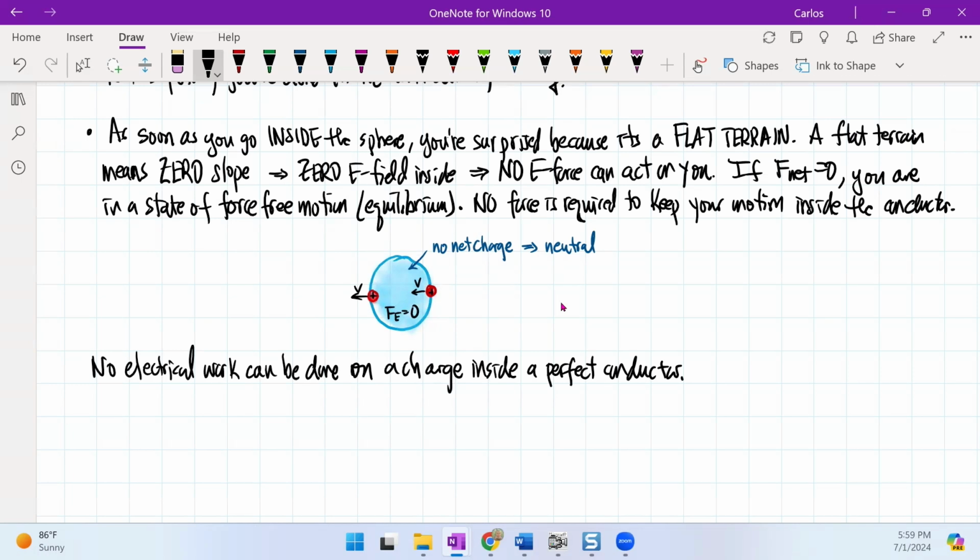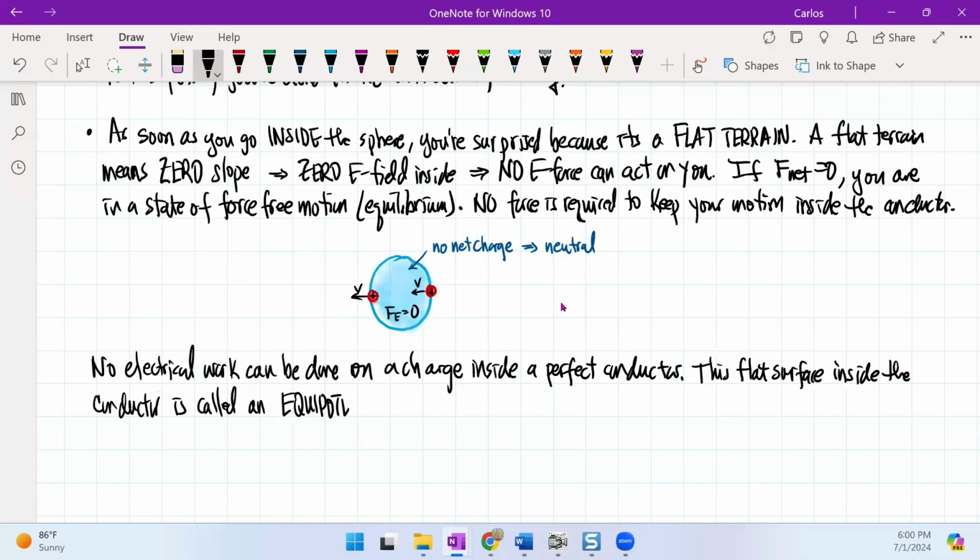The reason they have a small electric field is because they're not perfect conductors. They're close. So this flat surface inside the conductor is called an equipotential surface.